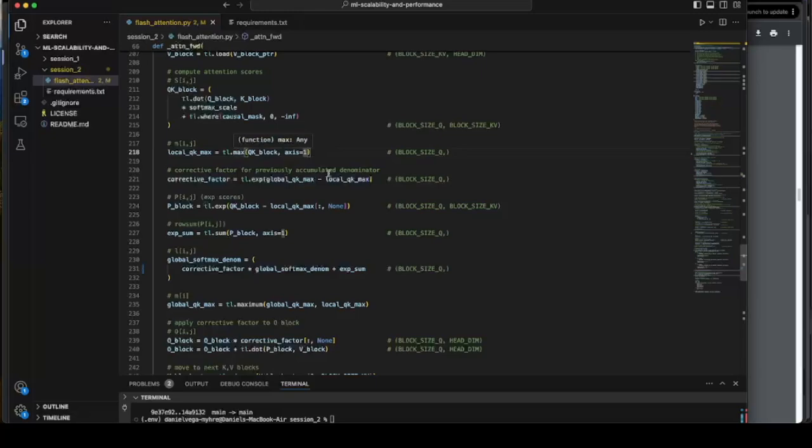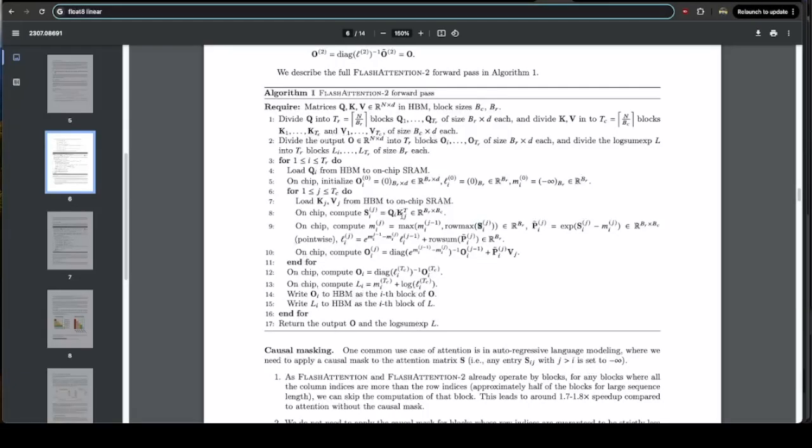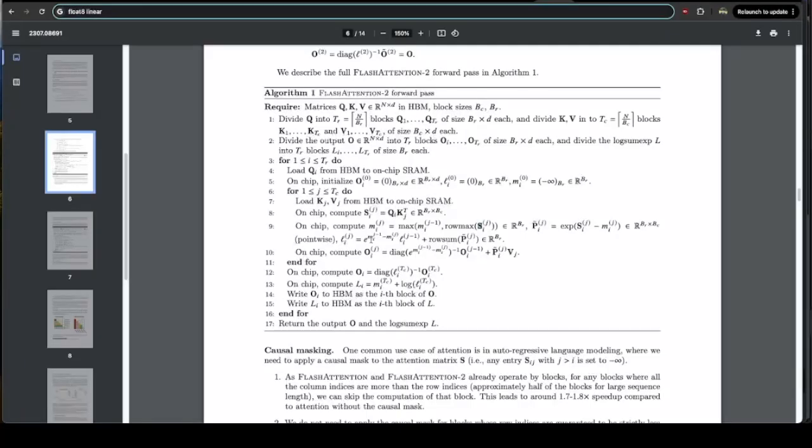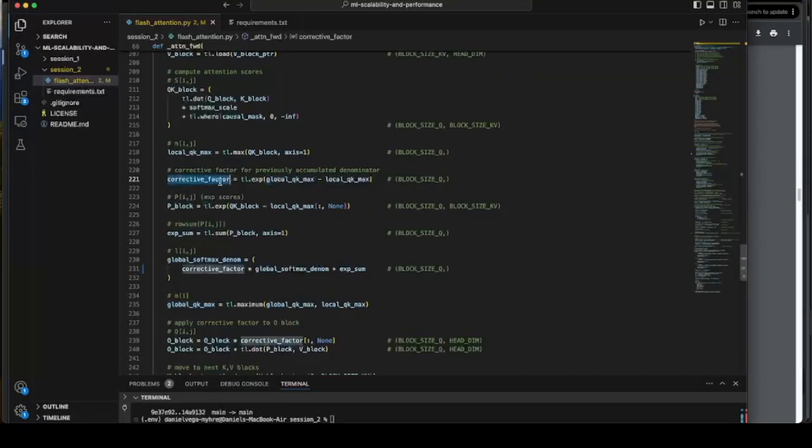And then we are going to compare. We are going to compute our global max, or sorry, our corrective factor, right? This is very important. It's going to be used a couple times here. Here you can see how we're subtracting the previous global max minus the new local max that we've seen. That is why we are storing that result in a variable here.